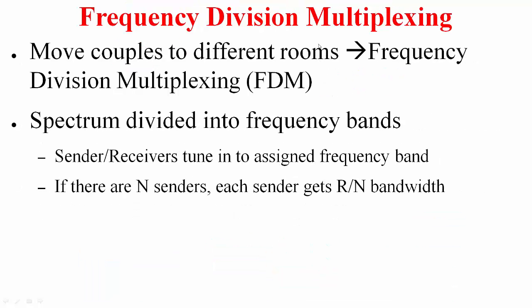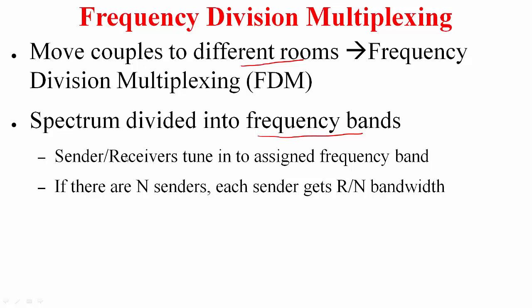Another channel partitioning scheme is frequency division multiplexing. In the human analogy, this translates to moving the couples to different rooms. It's called frequency division multiplexing. So the way it is done in networks is the entire spectrum is divided into frequency bands, and each sender-receiver is assigned a frequency band.